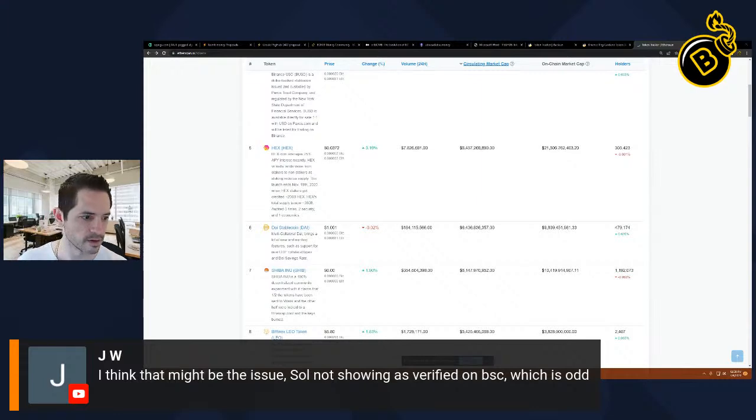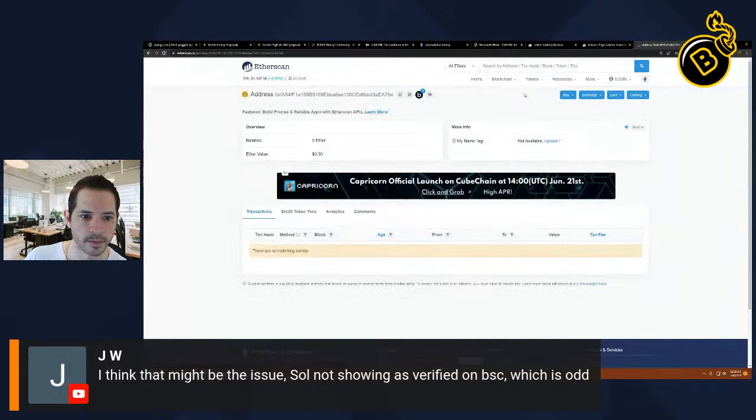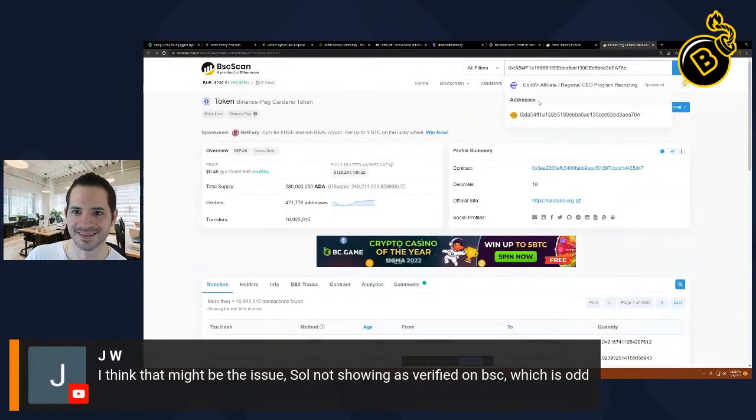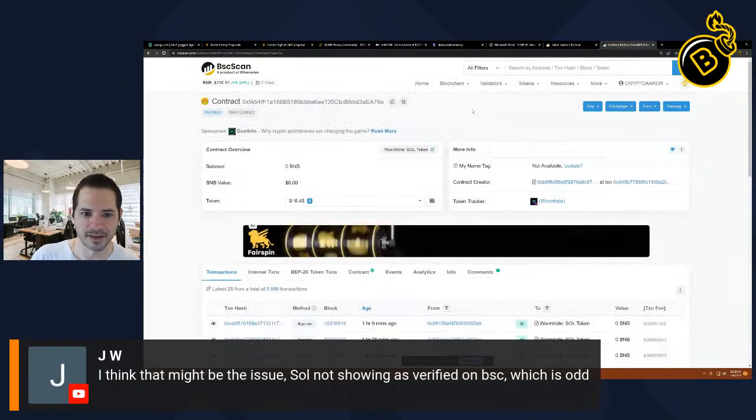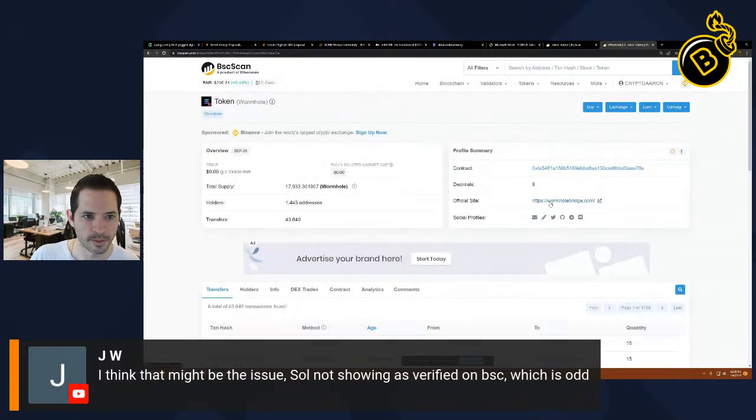Oh, that's Etherscan. Oops. Okay, it's called Wormhole. I was just looking for the wrong thing.